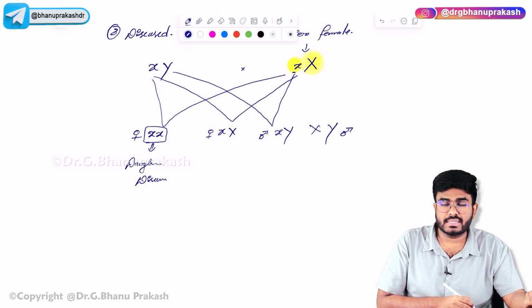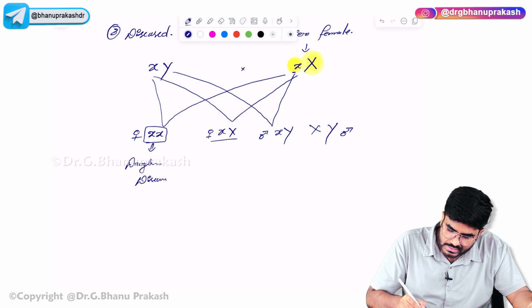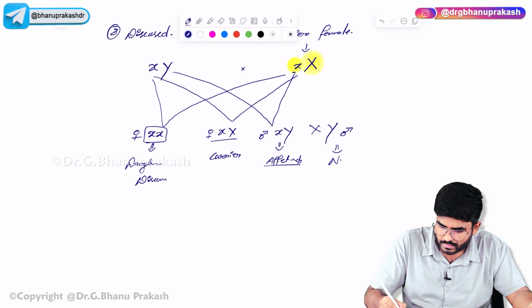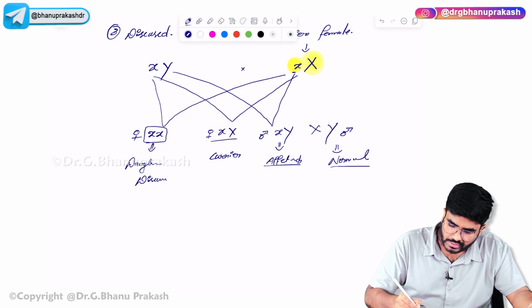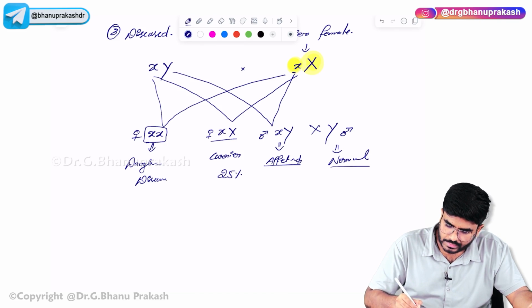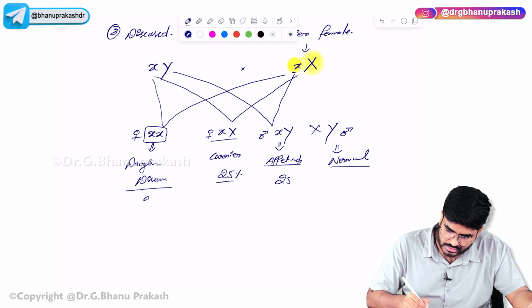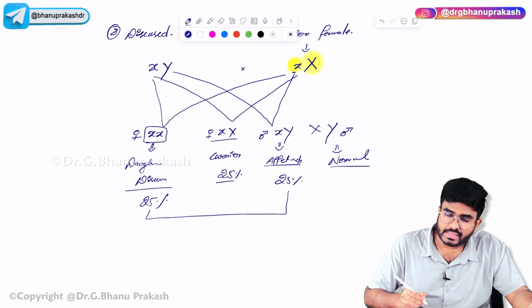So females can manifest the disease. This is a carrier female, this is an affected male, this is a normal male. So 25% of the offspring are going to be carriers, and 50% are going to be affected: this 25 plus this 25, one female and one male, they are affected.